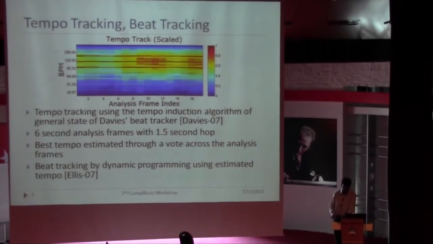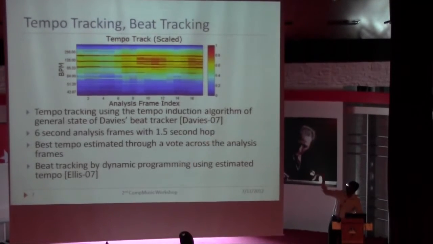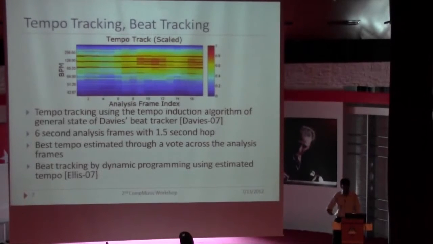This weighting function decides what metrical level is chosen for tracking the beats in the song. Once we have the tempo track, we obtain a single tempo value for the song, and this could be very easily changed to account for a variable tempo by doing a dynamic programming kind of a trace through the entire tempo track.